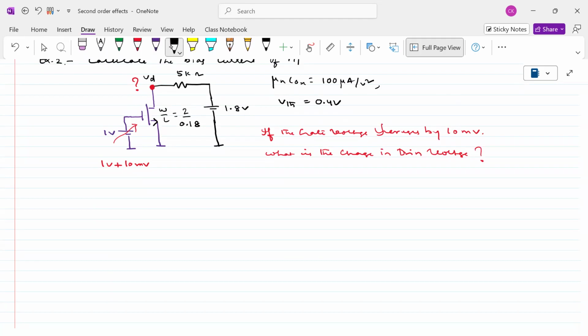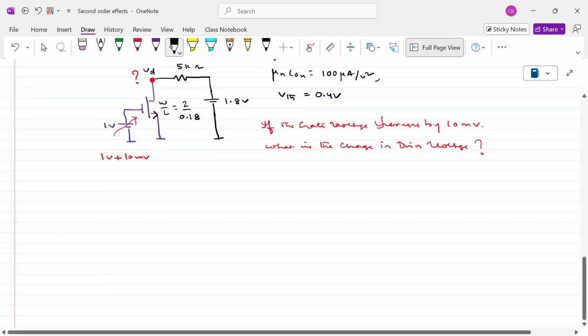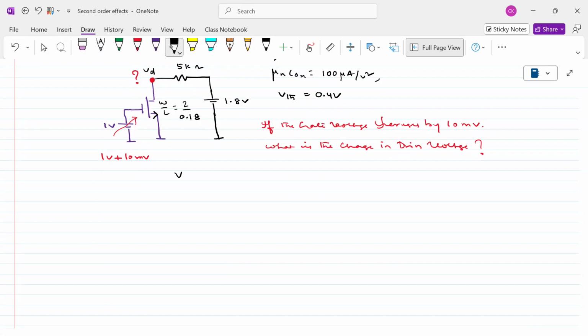What is this one we can write? See, we know very well that something else we can write. VD minus 1.8 divided by 5 kilo ohms is nothing but the current flowing in this particular transistor. Am I right? That is the current flowing there.